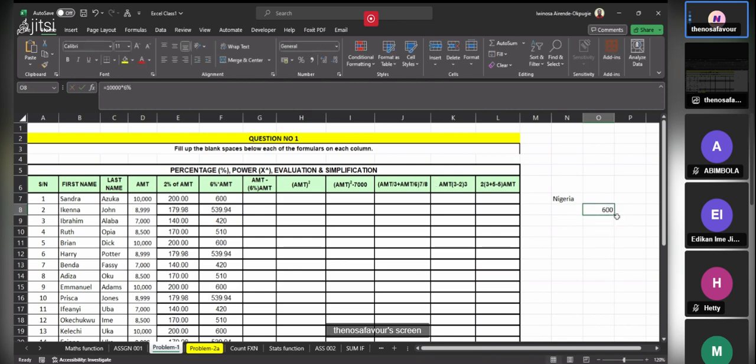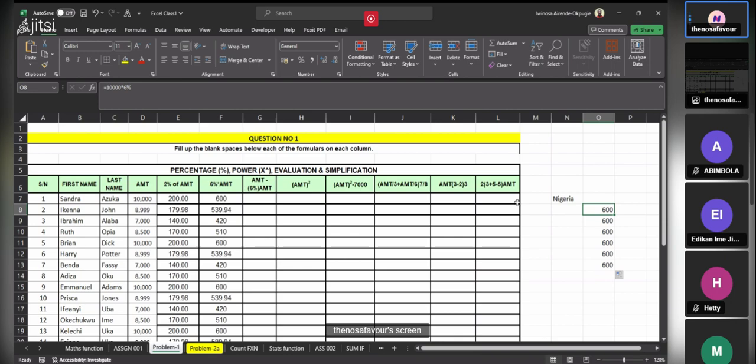If I decide to take this down, I'm still getting 600 each, because what Temitope gave us was a straight formula. She did not reference the content of the cell. What she gave us was 10,000, not a cell reference.